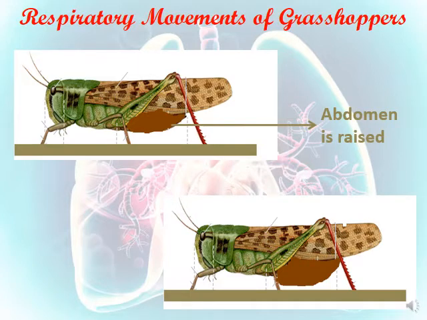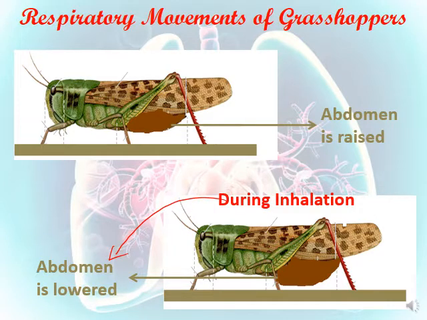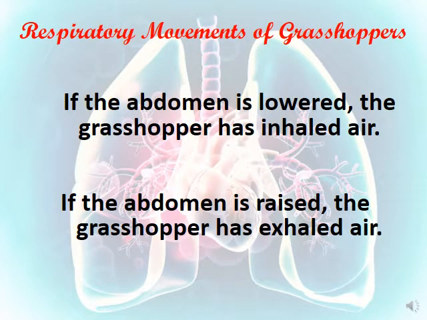So during inhalation, the abdomen is lowered, while during exhalation, the abdomen is raised. So if the abdomen is lowered, the grasshopper has inhaled air, while if the abdomen is raised, the grasshopper has exhaled air.